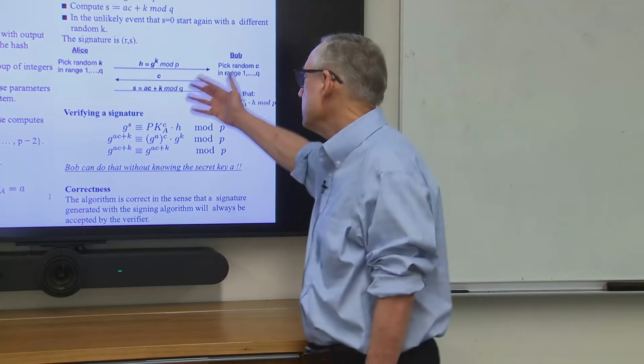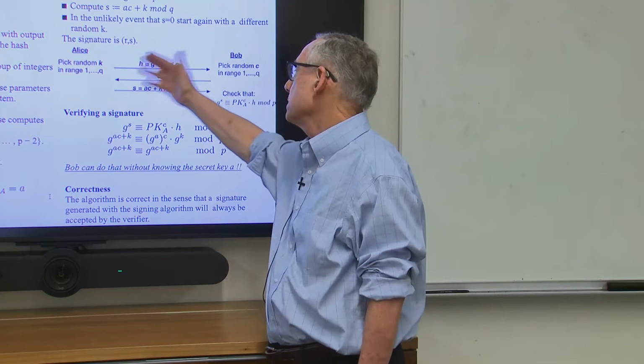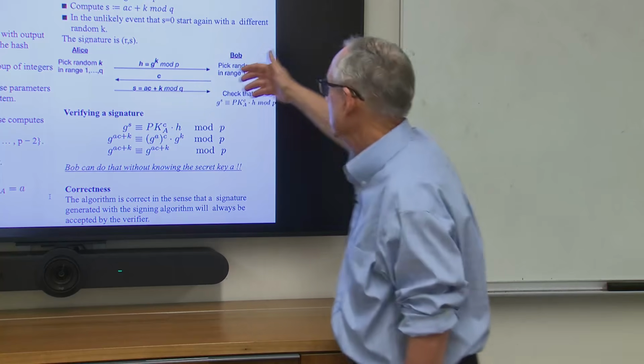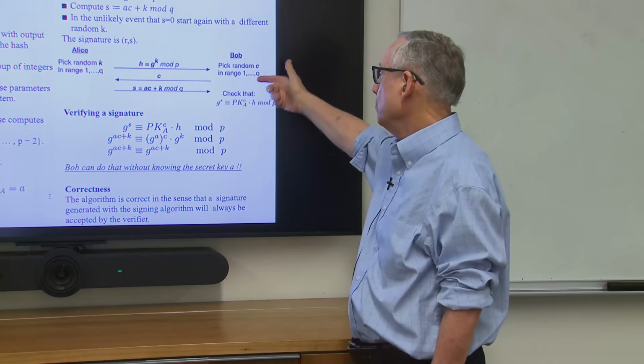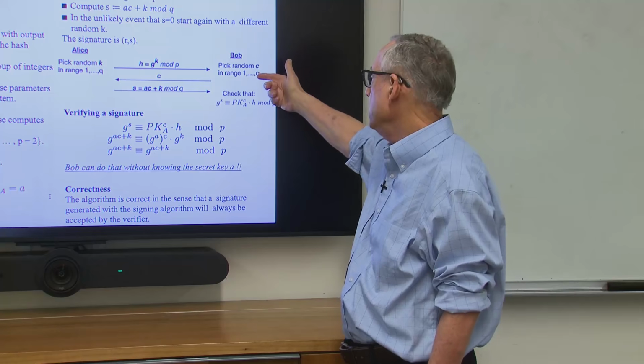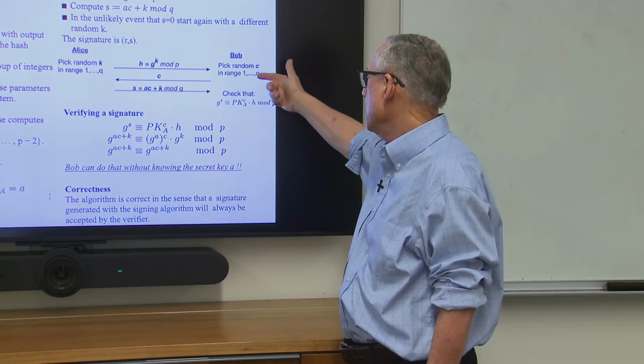So it's effectively as if Alice is sending some randomized object to Bob, H, which looks like a public key for purposes of signing.